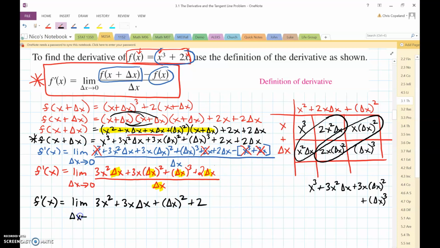As delta x goes to 0, the denominator will go away. We divided that all the way through. And now we can evaluate the limit. So through direct substitution, that would be 0. This would be 0. So this is going to be equal to 3x squared plus 2. This would be the derivative of this.